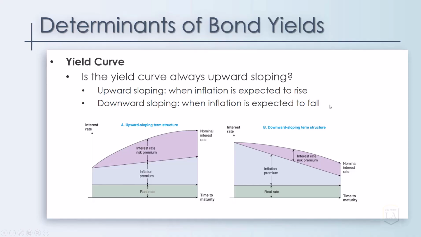So if you think that inflation is likely to fall in most cases because the economy is going down as well, then that will be reflected in the yield curve, and as the maturity becomes longer, interest rate or the yield to maturity would go down.